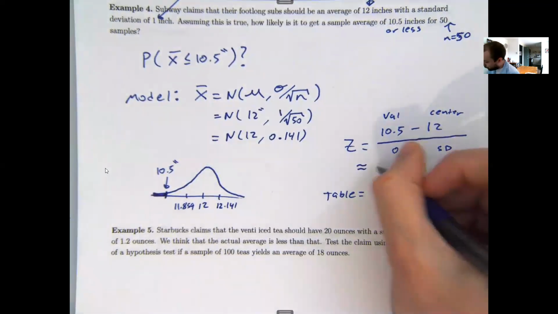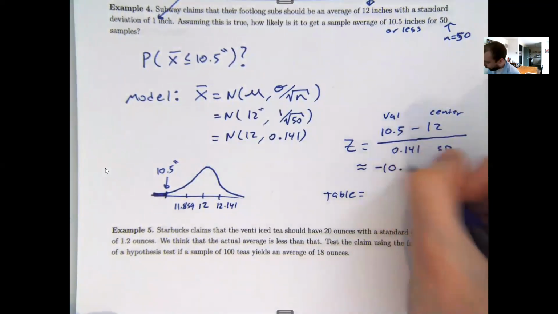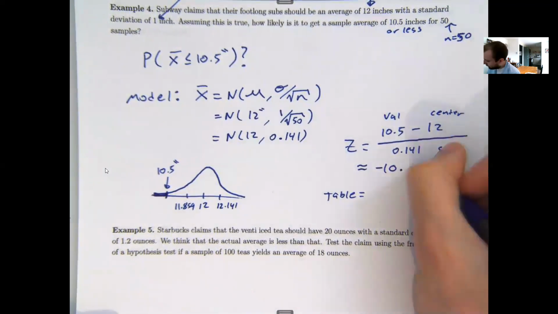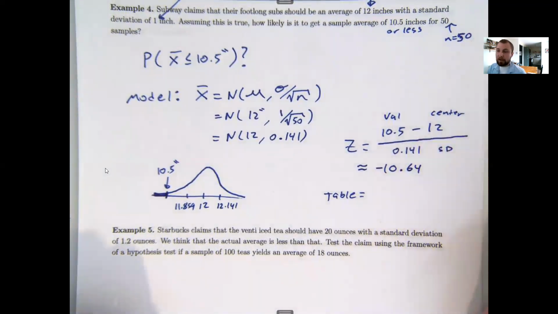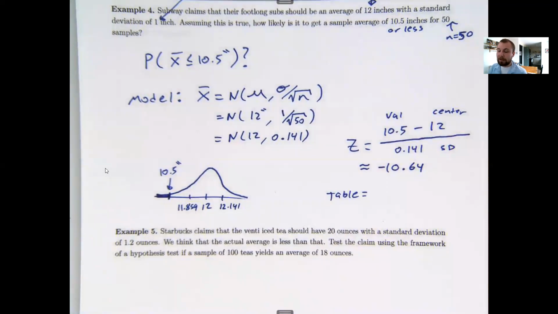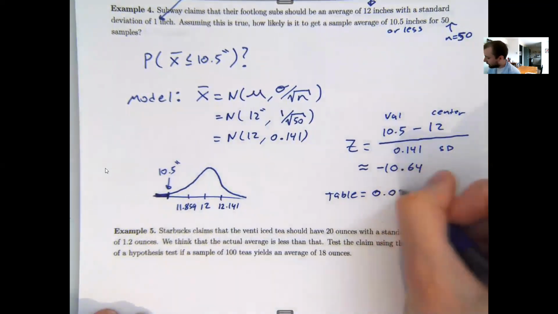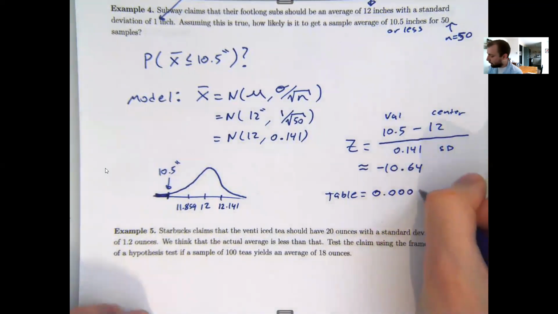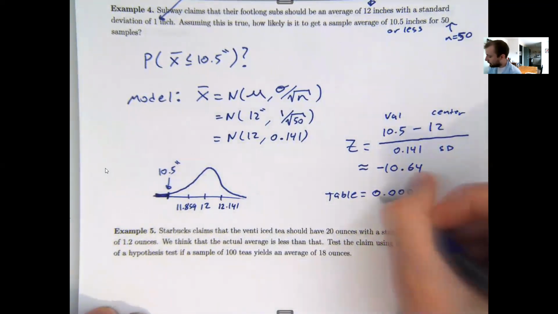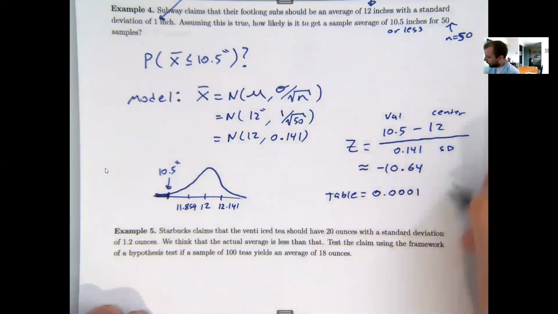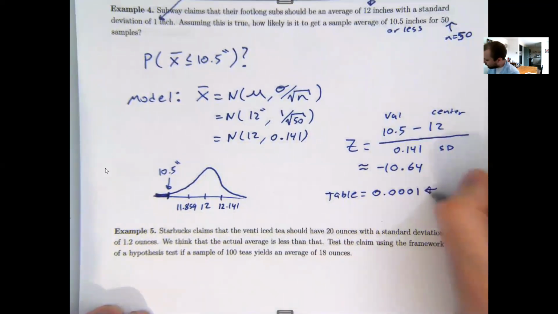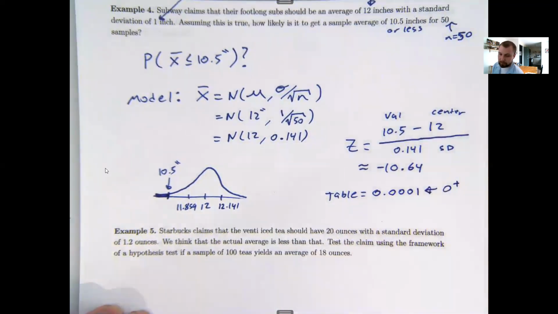And I get, whoa, negative 10.64 or so. If I try to look this up on my normal table, I see that it's off the table. The smallest thing I have is like 0.0002, and it's even smaller. So it's probably like 0.0000, a whole bunch of zeros and then a 1. In this situation, we would call that 0 plus.